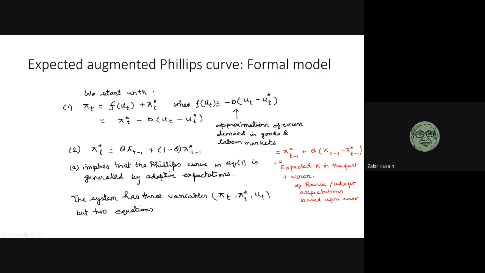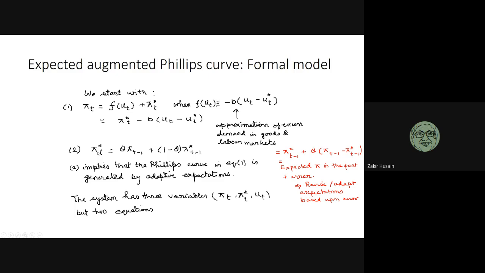Okay, let's look at this. If pi star, see, our expectation was that pi star t minus 1 will be 0. In the first period, pi t minus 1 is also equal to 0. So there's no error. And this is 0.